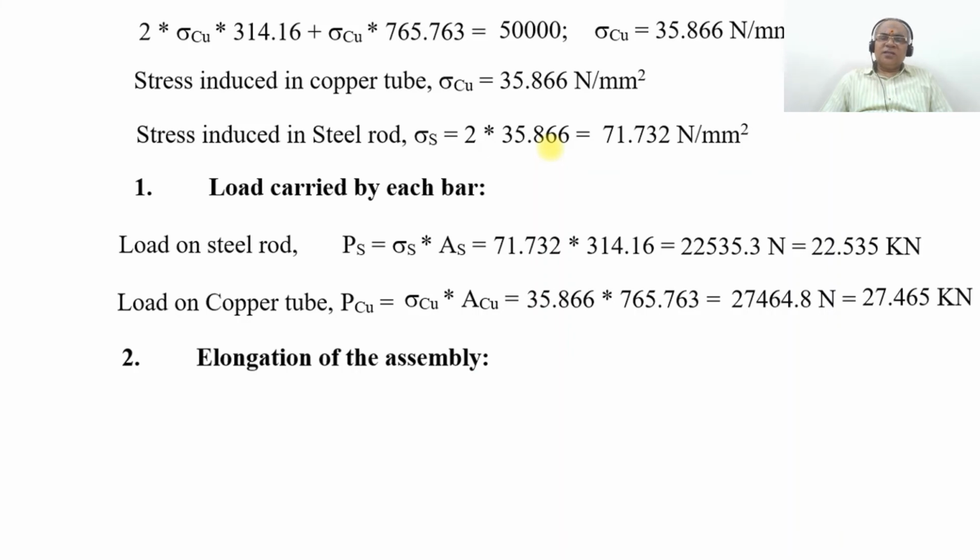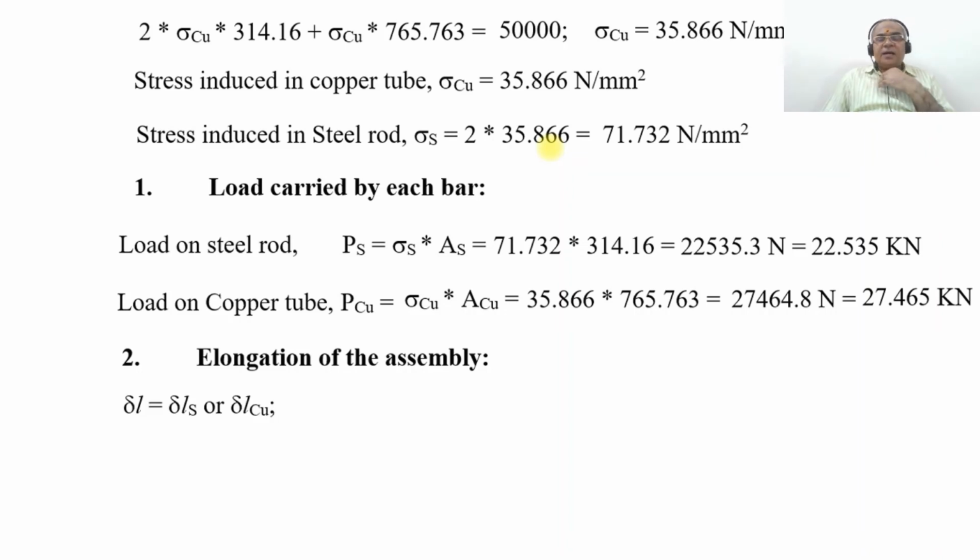Then we need to know the elongation of the assembly. The elongation of the assembly is nothing but the total elongation, that is the elongation of the steel rod and the copper tube. Since both are covered with a rigid plate and the lengths are equal, naturally the deformation in the copper will be the same as the deformation in the steel rod.